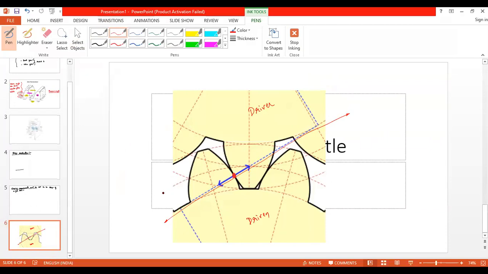Okay, and here this dotted line is the pitch circle of the driven gear. Okay, and this is the pitch circle of the driver gear.